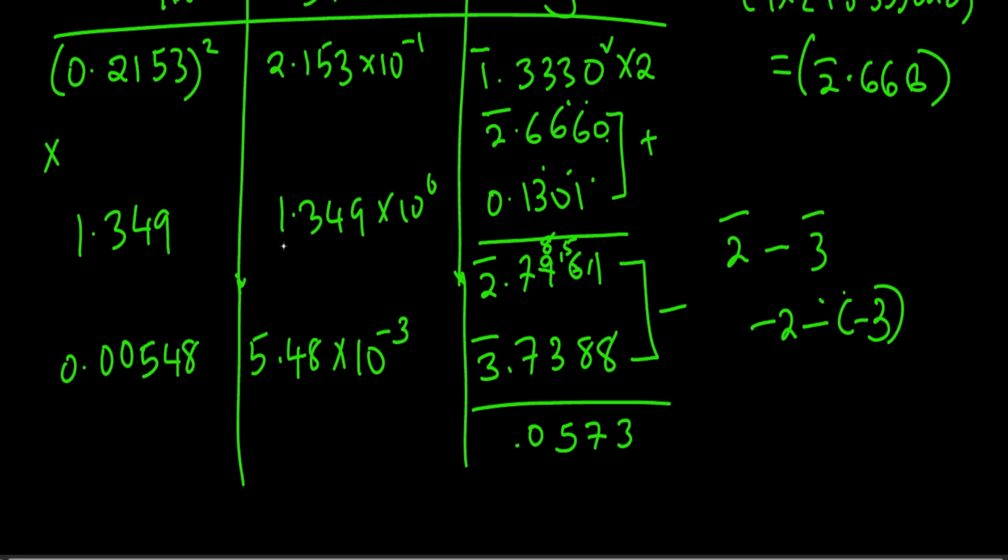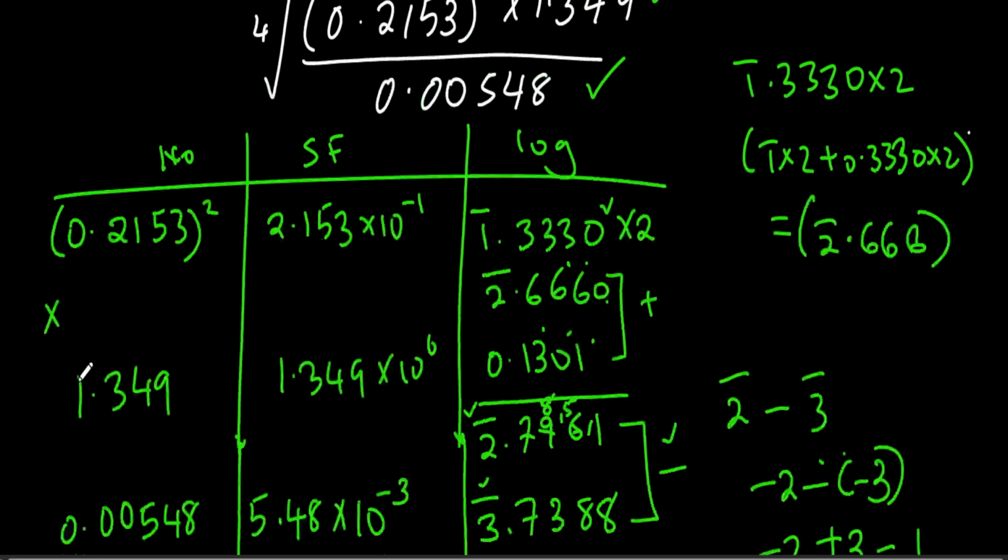Since the two minuses give plus 3, minus 2 plus 3 is going to give you 1. Very easy calculation, but somehow tricky if you're not very keen. So this one gives you 1.0573.